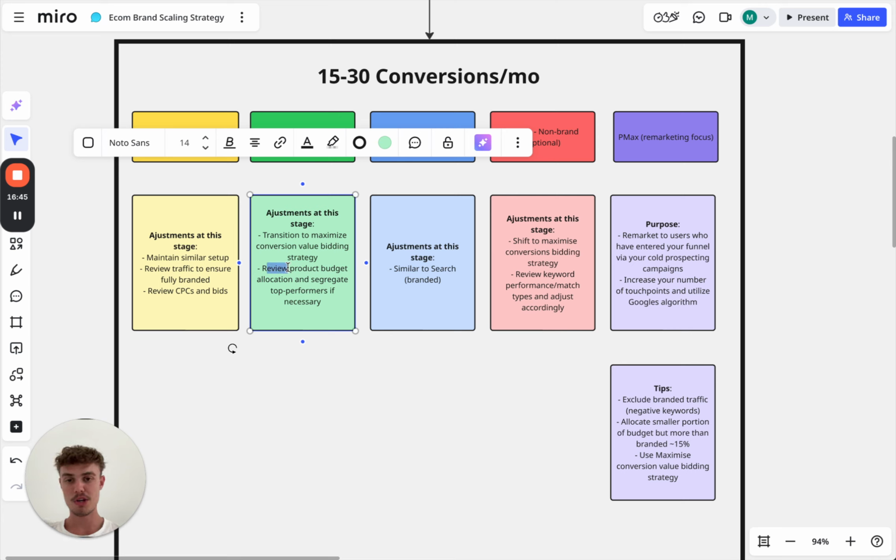Now, make sure you also review your product budget allocation and segregate top performers if necessary. So if you find that you have a lot of your spend going towards one or two products, which tends to happen in these shopping campaigns, let's say all of your spend's gone towards one product and it's doing well, but none of your other products are getting any spend.